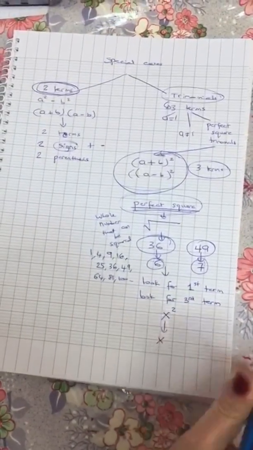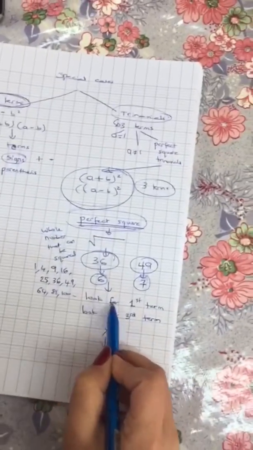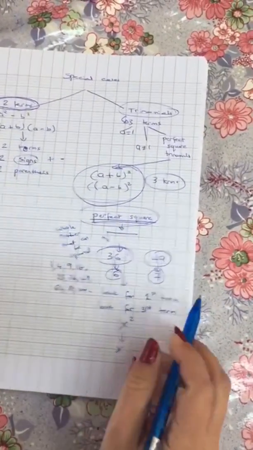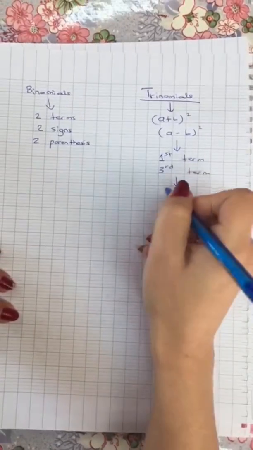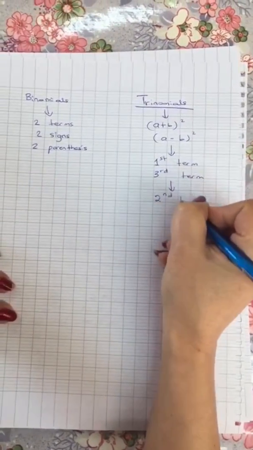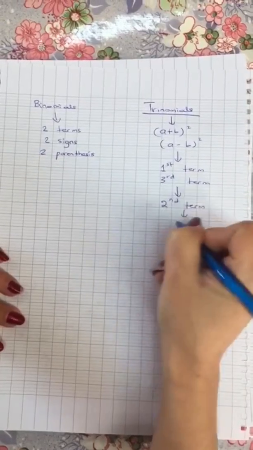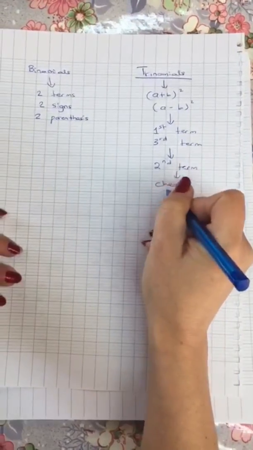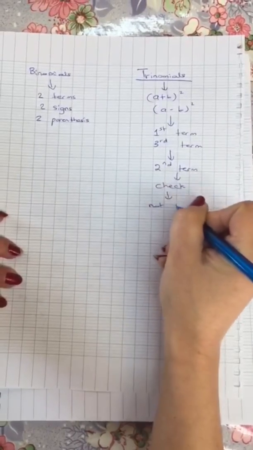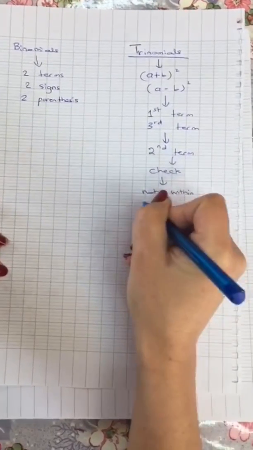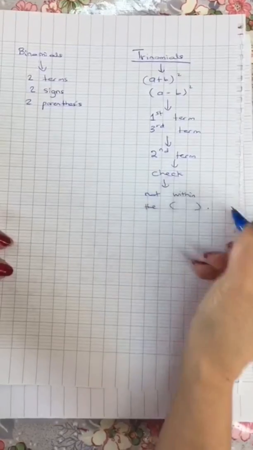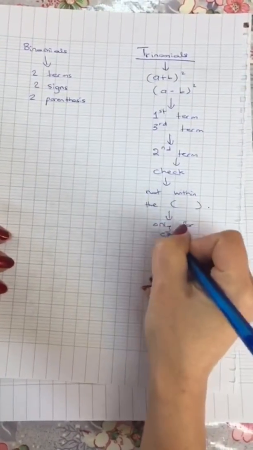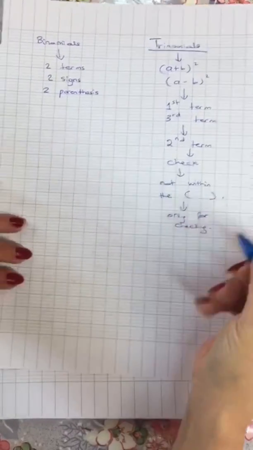It's x. So we have to look for the first term and the third term. The second term in the middle is only used for checking. You do not put it within the parentheses. It is only for checking on the side of your copybook.